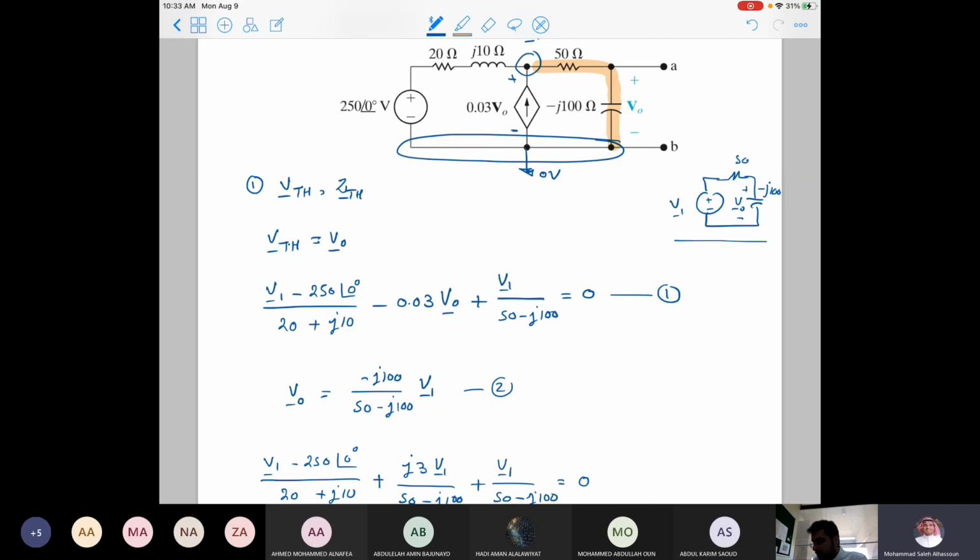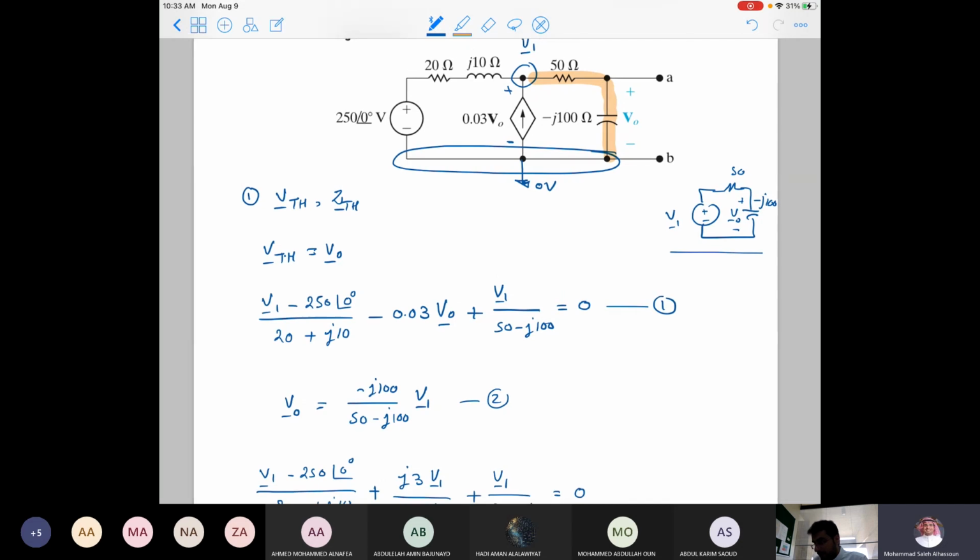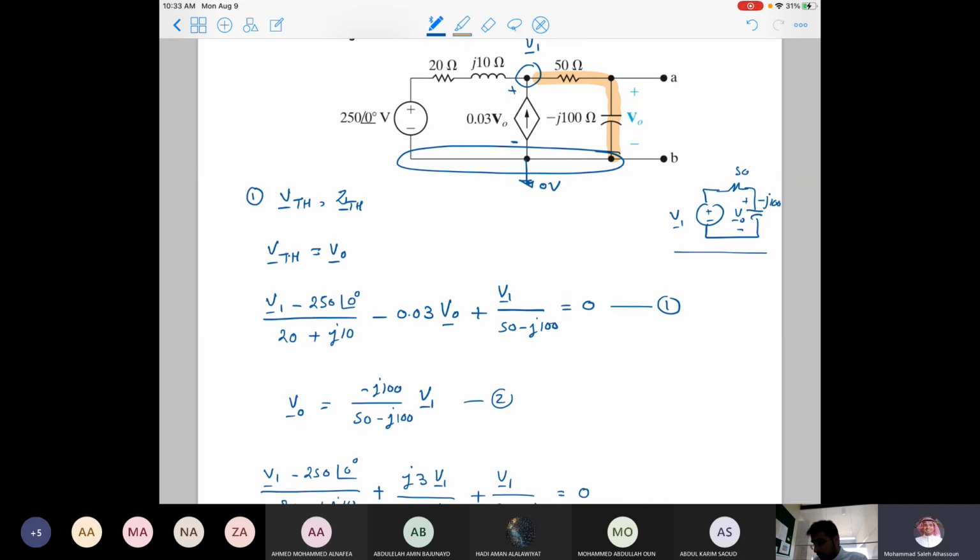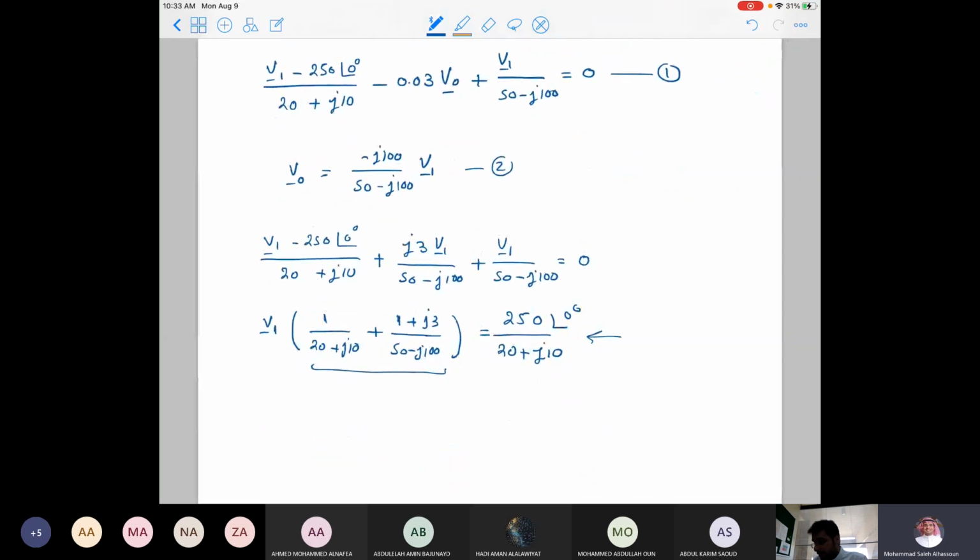If it was a purely resistive circuit, it would be straightforward. We saw it multiple times. The only difficult point here is dealing with complex numbers, and it's not difficult. You need to just keep track of these numbers.